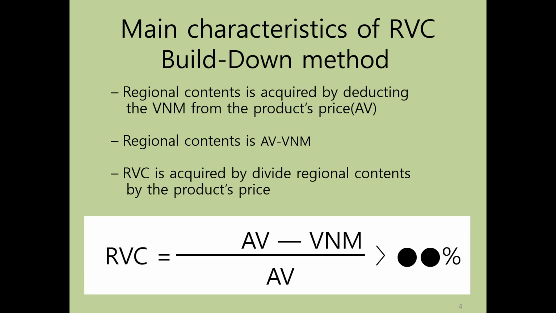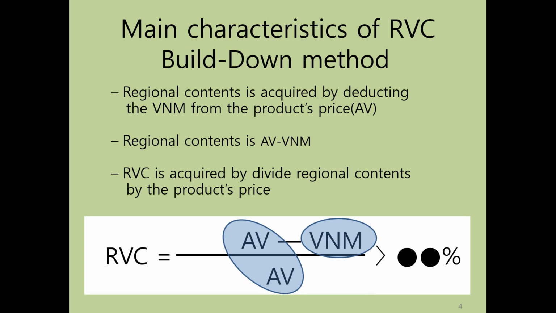This formula tells us that regional contents is value other than value of non-originating materials in a product, and asks the portion of regional value should be bigger than some specific rate. This formula tells us one more important thing. The RBC rate is determined by two factors, AV and VNM. We will study how these two factors correlate with the RBC rate.